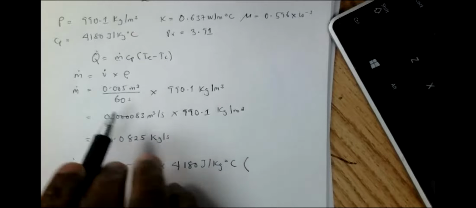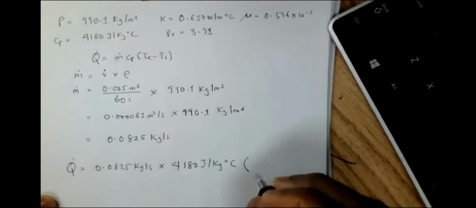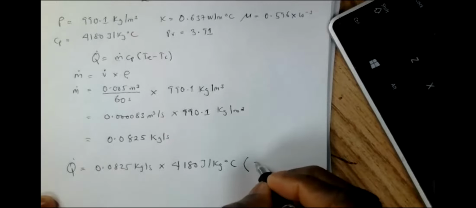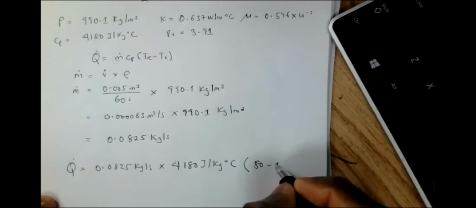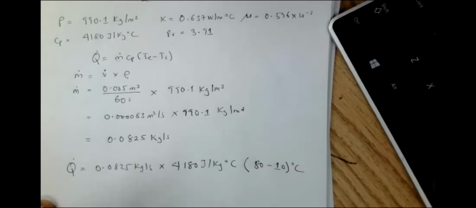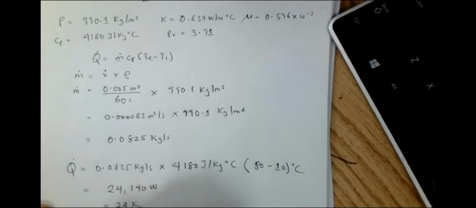And then remember, this is just a temperature difference, so no need to convert it. We can use 80 minus 10 right away. And if you compute this, you're going to get 24,140 watts. So it's a 24 kilowatt heater.